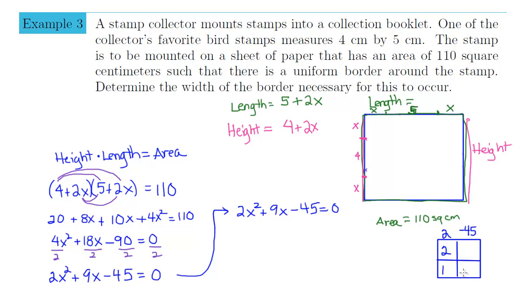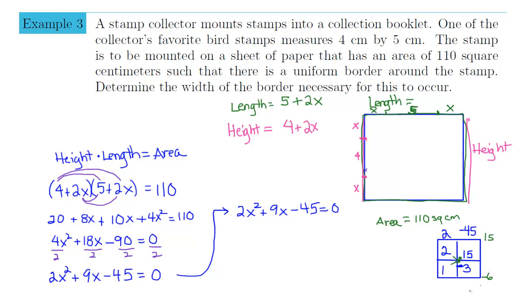What could I do? 9 times 5 will not work. Oh, how about 3 times 15? Because 3 times 15 is 45. And if I put the negative on the 3, 15 times negative 3 is negative 45. But more importantly, when we cross multiply, 2 times negative 3 is negative 6. 1 times 15 is 15.